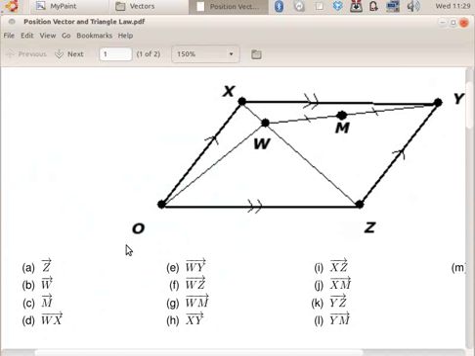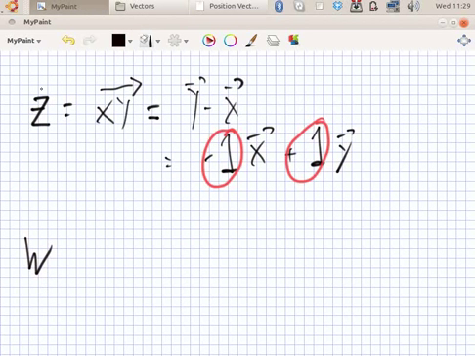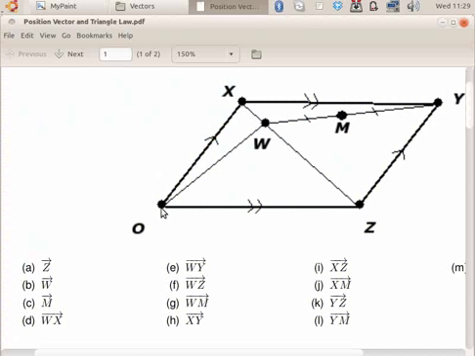So the next one would be W. Okay. So the vector W is O to W. So if I look at this now, what can I say O to W is?